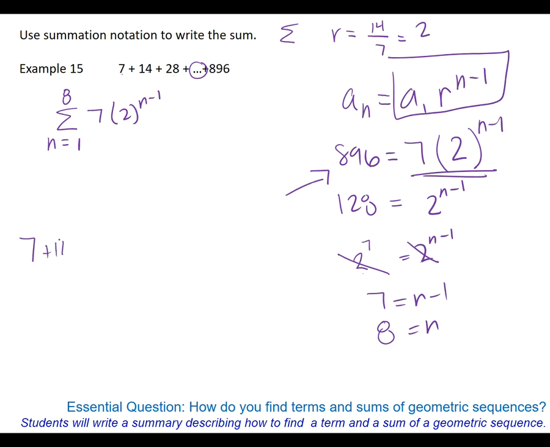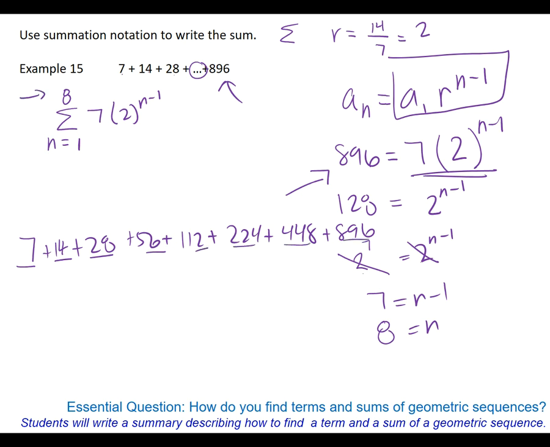Help me out with the arithmetic. What is 28 times 2? 56 times 2. 112 times 2. 224 times 2. 448 times 2. How do I know to stop? I got that number. Couldn't I count up how many terms there are now? 1, 2, 3, 4, 5, 6, 7, 8. Then I would know I'd have to put an 8 there.